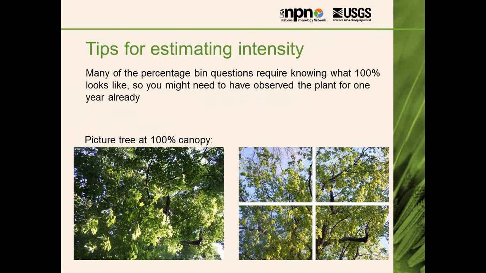Then try to visually move the leaves and see if you could fill up, say, 50% or 75%, 2 or 3 of those quadrants, to tell how much of that potential canopy is actually full with leaves at that time. So you might answer for this picture on the right that you could visually imagine moving those leaves into maybe 2 or 3 of the quadrants, so you would get 50 to 74% leaf canopy cover.